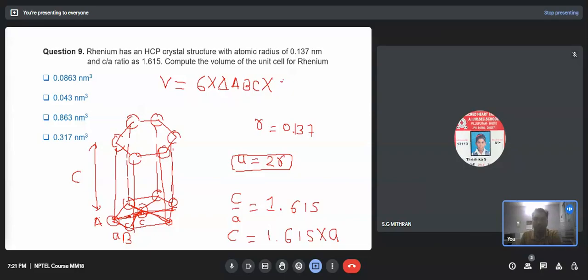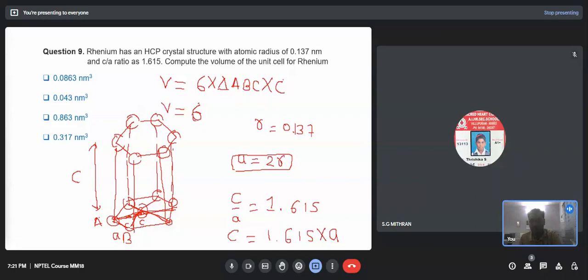So height is C. This C and this C, make sure that this is different. So the volume will be 6 times the triangle area.